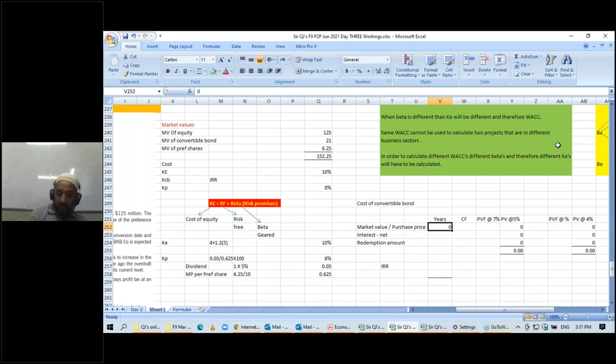So he can ask for conversion into the ordinary shares. He can ask for 19 ordinary shares. If the value of the 19 ordinary shares after 5 years, at the time of redemption, is more than 100, only then he will be asking for the market value of shares. Otherwise he won't.